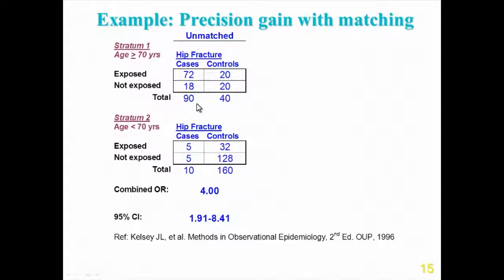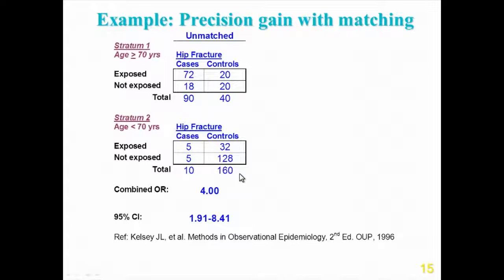We have a situation here. We've got twice as many cases as controls in the older stratum. But even worse, in the younger stratum, we have 16 times as many controls as we have cases. So this is really unbalanced in terms of the age distributions of both the case and the control groups.